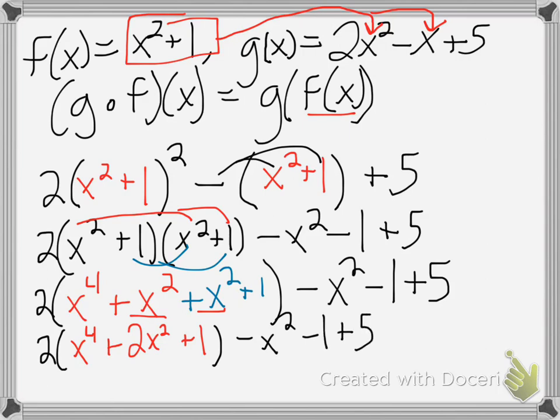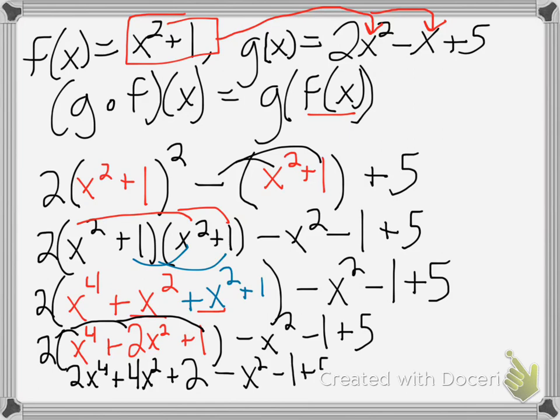Now I distribute the 2. 2 more steps, and I have to be careful because I'm starting to run out of room. So when I distribute the 2 inside the parentheses, let me just draw the arrow. I'm going to get 2x to the fourth power plus 4x to the second power plus 2. Bring down the outside, minus x squared minus 1 plus 5.